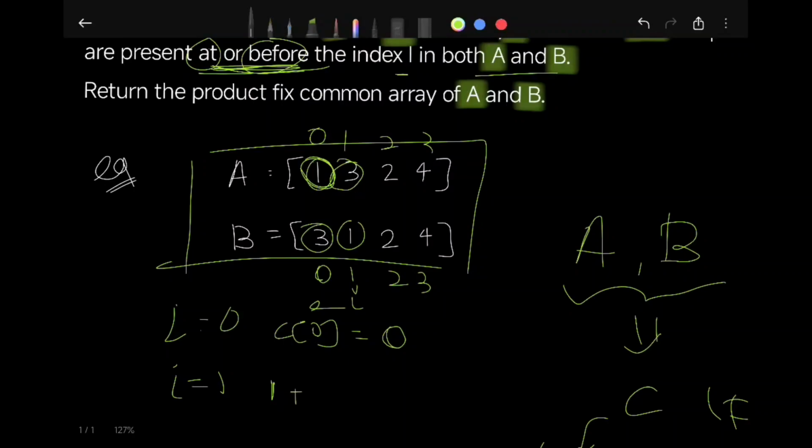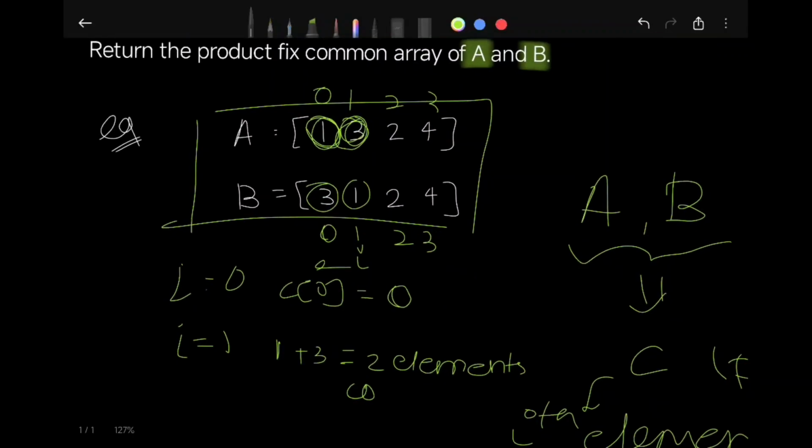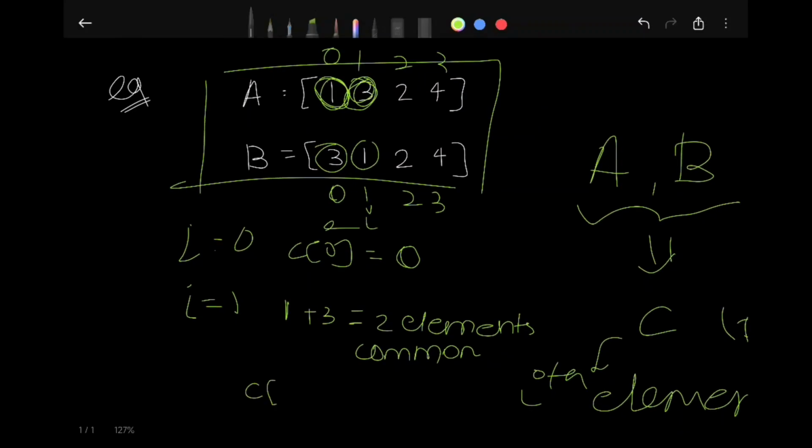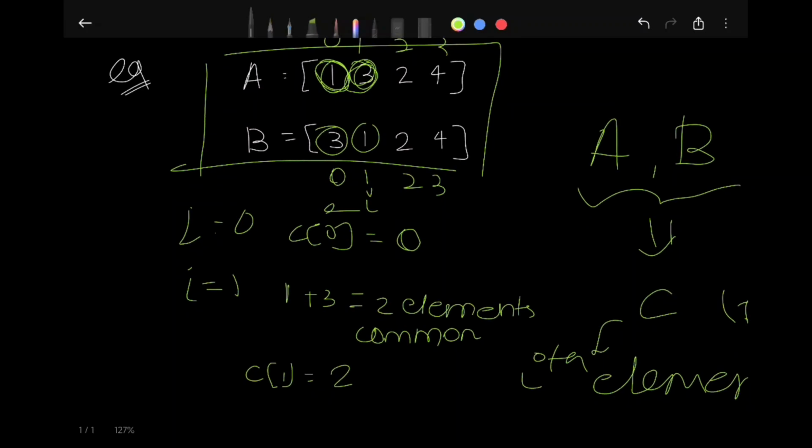Similarly we also have 3 as our common element, as 3 is at the first index in A and 3 is at the 0th index in B. So we have two elements common. So C of 1, the first index element of C, will be 2.